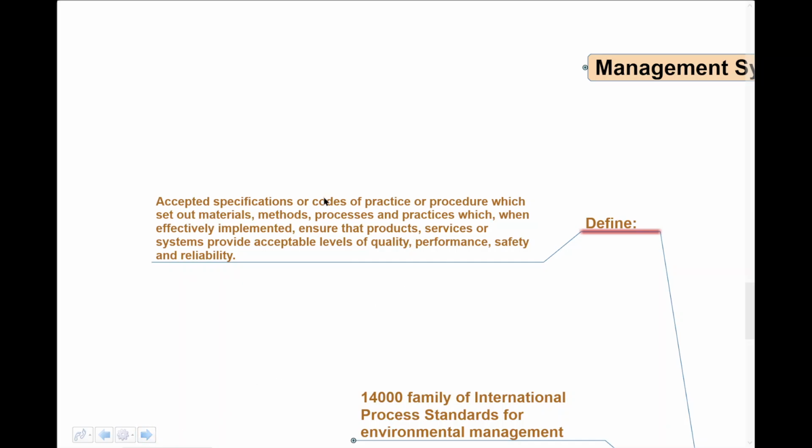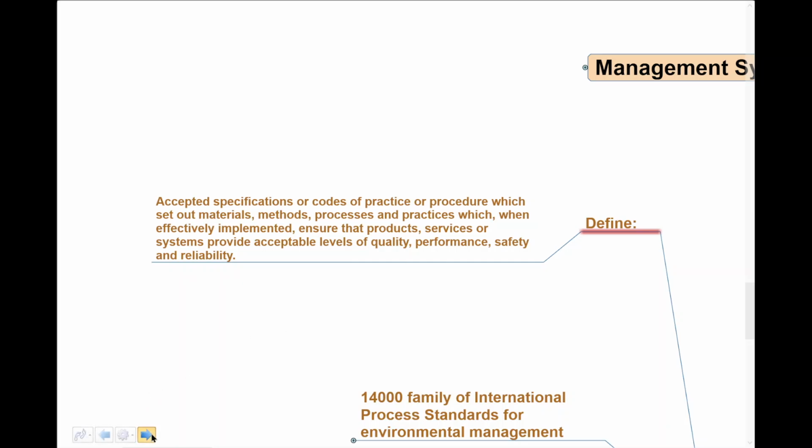Well, broadly speaking, codes of practice or specifications that set out methods, processes, practices, which when effectively implemented, ensure that products, services, or systems provide good quality, performance, safety, and reliability. So we're talking about something to compare our practices with, or indeed use as a basis for our practices.